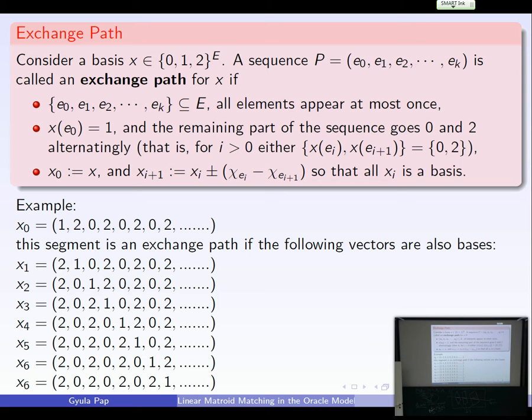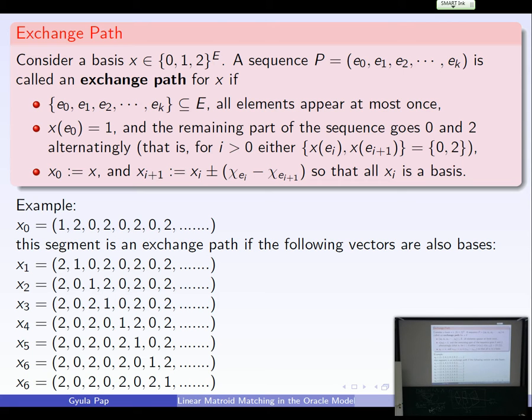If we do these exchanges as a sequence, then we get that many bases.